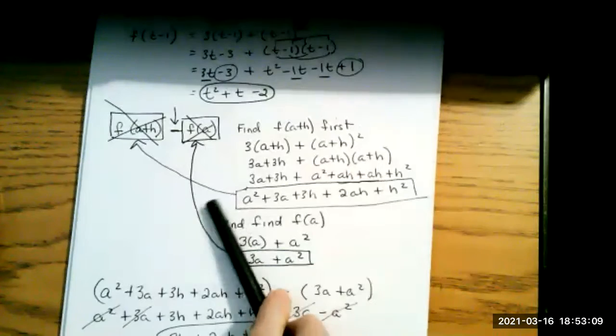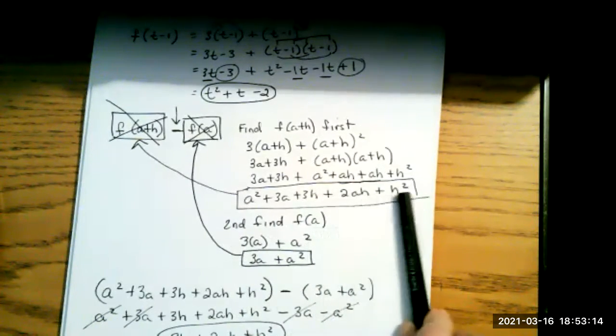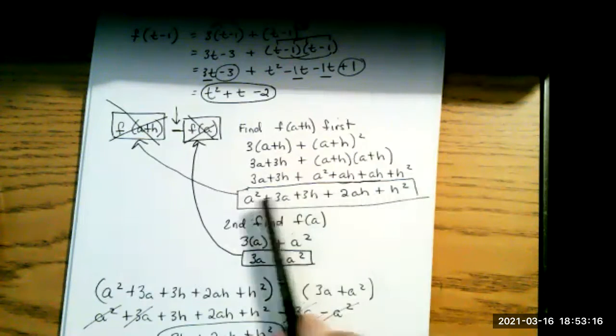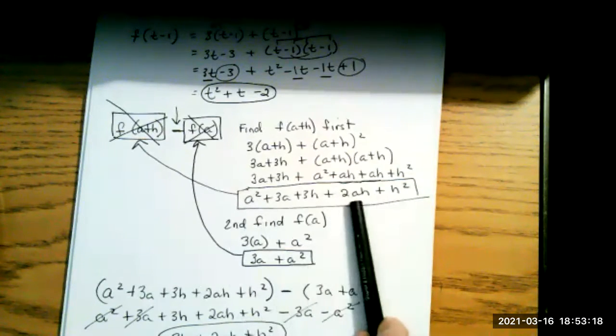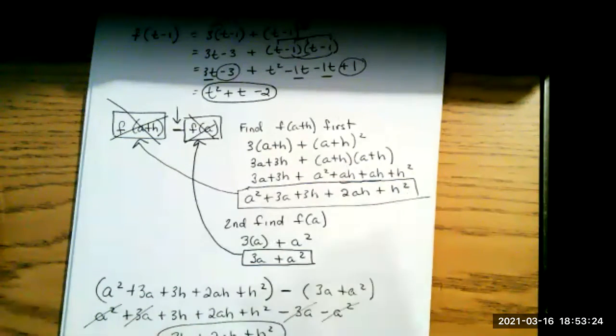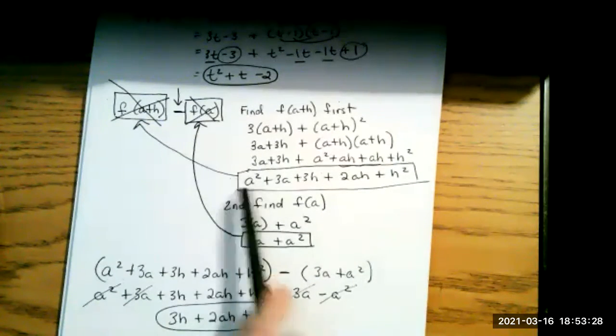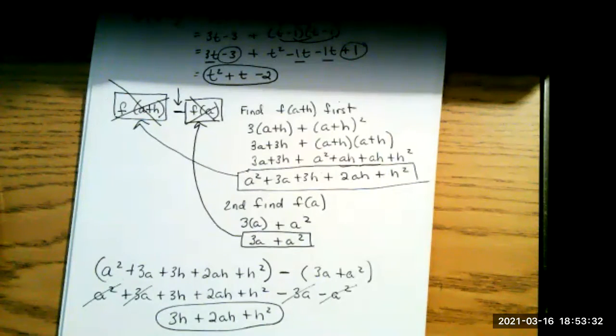There's a general rule that says when you have two variables, you try to do one of them to go down and the other one to go up. So my a's are kind of going down and my h's are coming up. But honestly, in this section of problems, you can put them any way you want to. It doesn't really matter because the a squared canceled anyway. You could have left it alone.